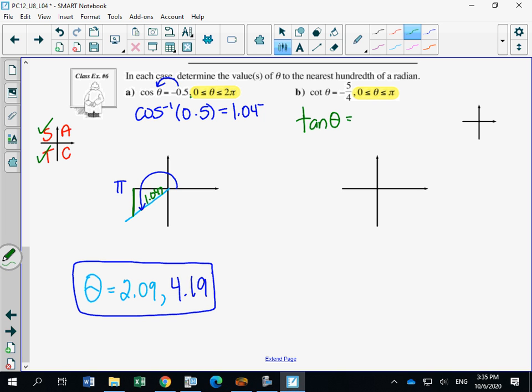So tan of theta is equal to the reciprocal of this, which would be negative 4/5. I could find the angle by taking the inverse tan. The inverse tan of the absolute value of negative 4/5 is just 4/5, and that's going to give me my reference angle.